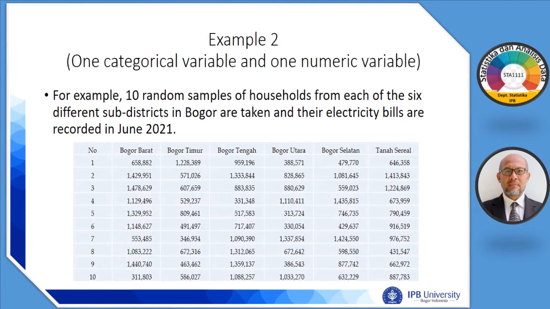As I explained before, we have sub-districts 1, 2, 3, 4, 5, and 6, kecamatan, and the numbers under every column are electricity bills. You have 10 data points in every sub-district. So how can we describe the relationship between sub-district and electricity bills? I will describe this in the next slides.